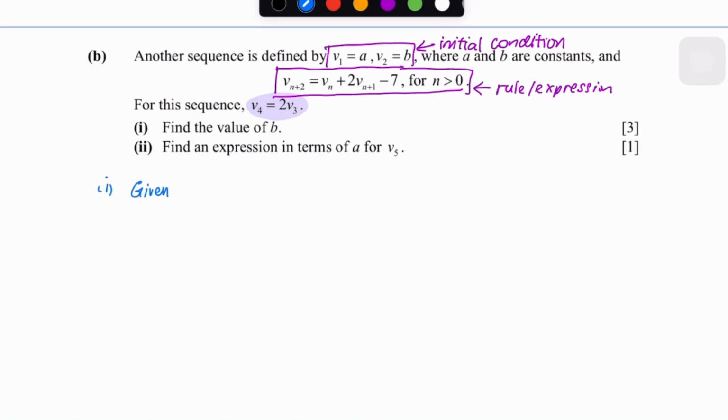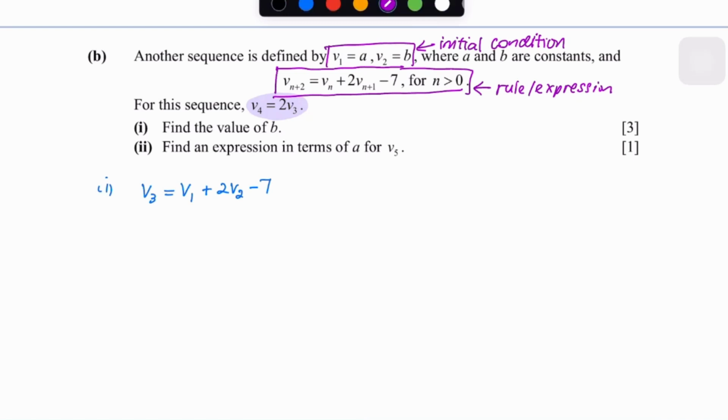Given this relationship, we have V3 will be equals to V1 plus 2V2 minus 7, correct?